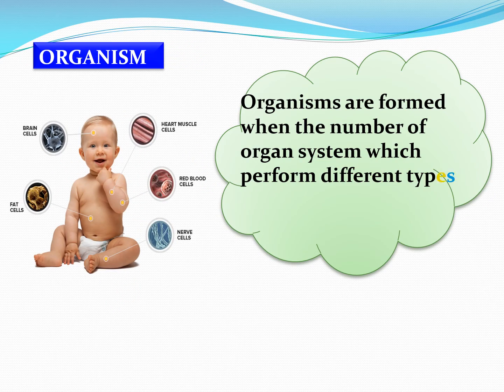Organisms are formed when a number of organ systems perform different types of functions in the body. This is how organisms are made up of cells, a group of cells forms tissues, a group of tissues together forms organs, a number of organs form an organ system. So a number of organ systems together form an organism.